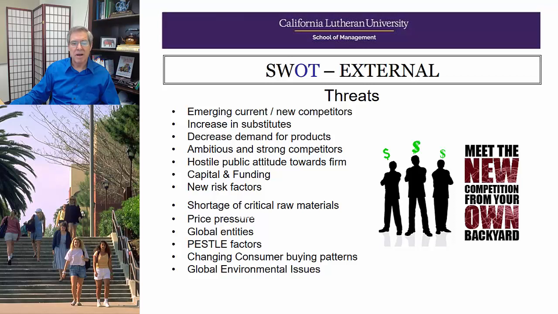A hostile public attitude towards your product, your firm or your services. Do you have issues with capital and funding? Are there new risk factors, both internally and externally, if they're combined? A shortage of critical raw materials? Is there price pressure, depending on where you are in your life cycle?